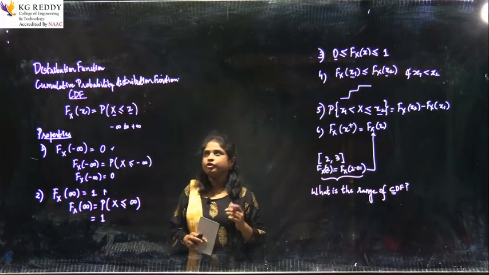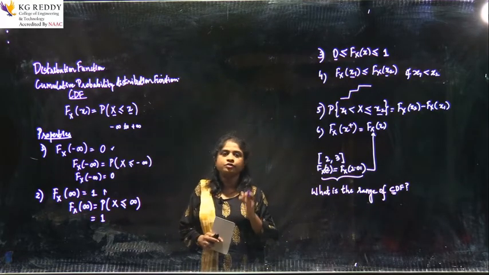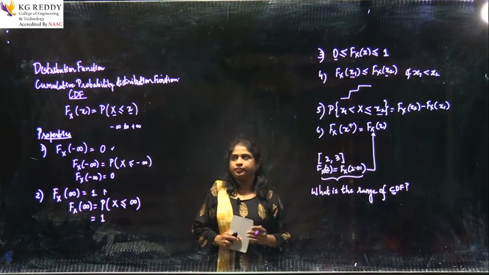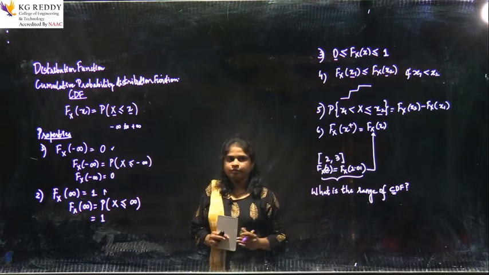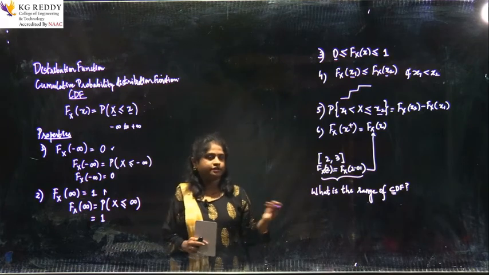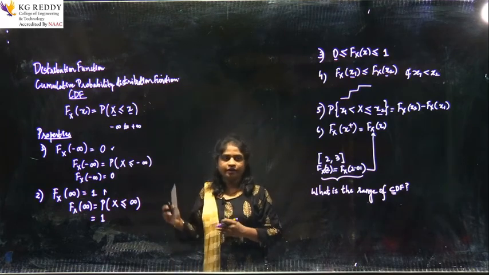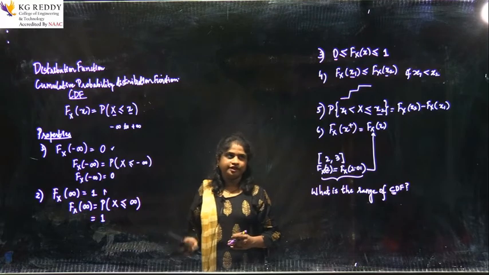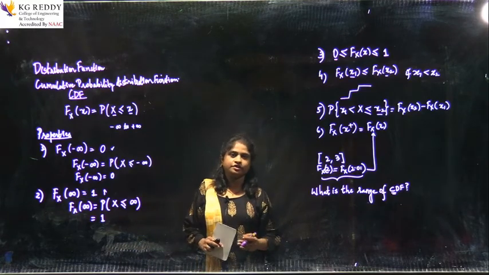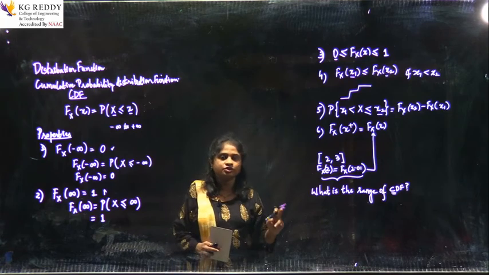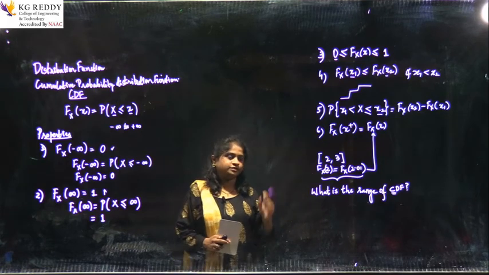What is the meaning of using cumulative distribution function? Think about all these things, recall all the properties, and think about why minus infinity gives 0, plus infinity gives 1, and what is the range of the cumulative distribution function.